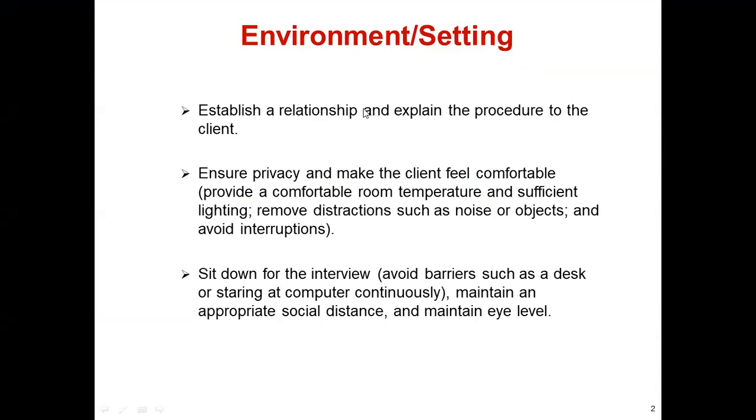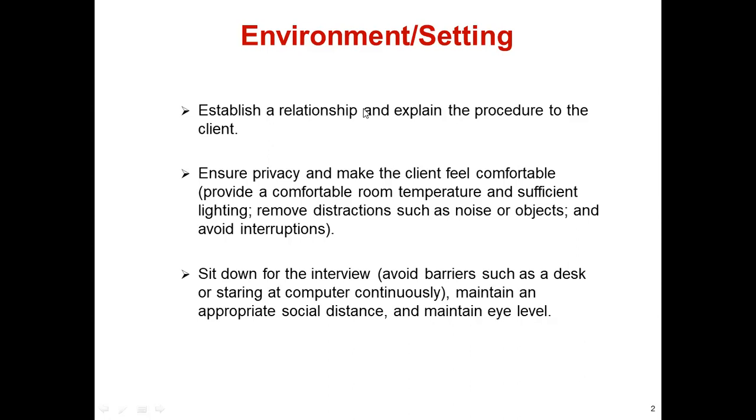So when a patient comes to me, I'm the healthcare provider, I will make a good, comfortable relationship. It is called the nurse-patient relationship or doctor-patient relationship. It is very important.